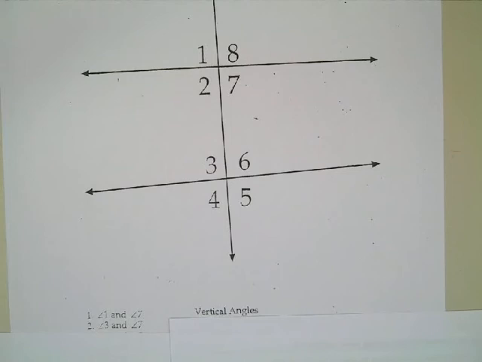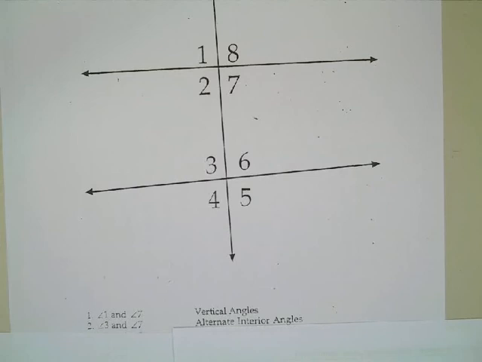Dorian, good. So the answer here should be alternate interior, right? 3 and 7 are both in between the two lines, and they're on alternate sides of the transversal. This one's on the left side, that one's on the right side there.